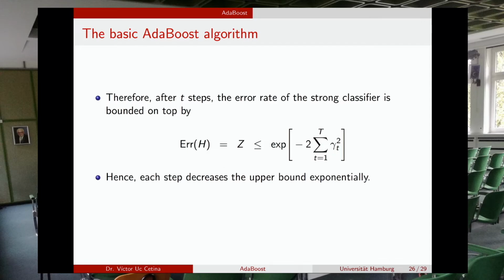So every time you add a new weak classifier to the strong classifier, you will be decreasing the upper bound exponentially. And this is a very robust result analysis or performance analysis of the AdaBoost algorithm. So a weak classifier with small error rate will lead to faster descent because of the exponential expression here. Okay.